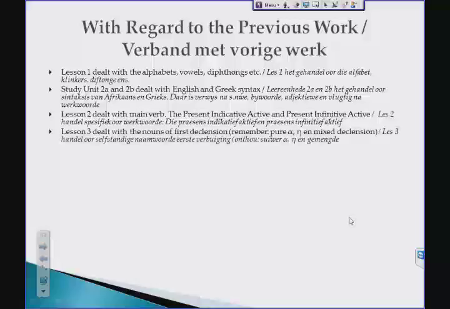And then lesson 3, we dealt with the nouns of the first declension, the pure eta and the pure alpha, and some tend to mix the alpha and the eta. These are mainly the feminine nouns, okay? Can you give me an example of just one noun of the first declension?